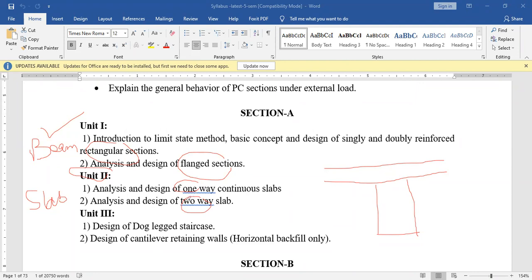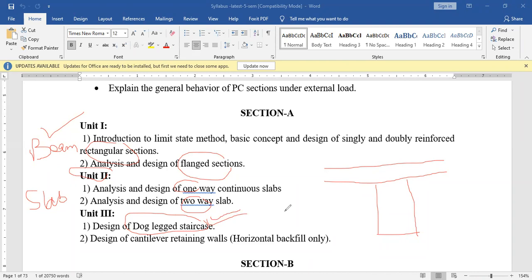And then in unit number 3, you have the staircase. As I said, there are different types of staircase, but you have to go with the dog-legged staircase only. This is the only staircase type you have to design.